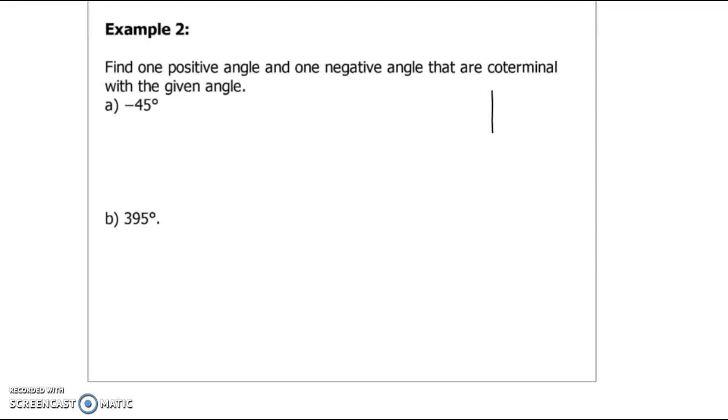So, for example, just to show you, if you picture where this is at, negative 45 degrees is right here. If you instead started in the same place and went the other direction all the way to the exact same place, then instead of going negative 45 degrees, I would have to go around 315 degrees.